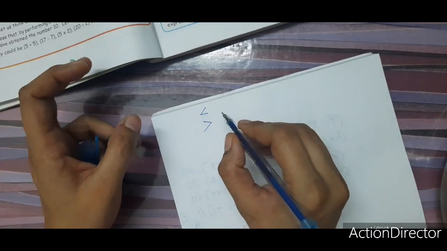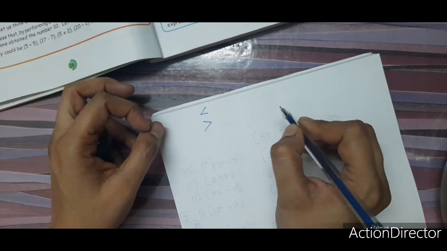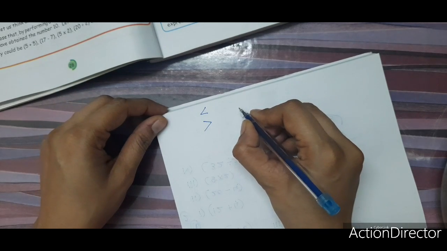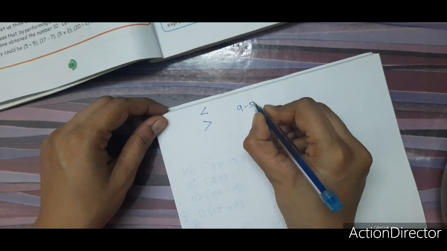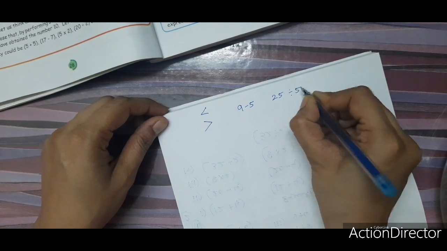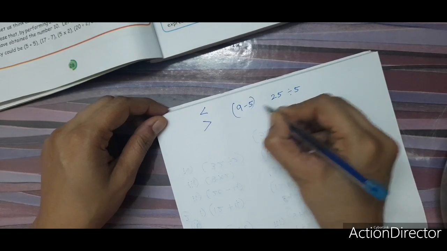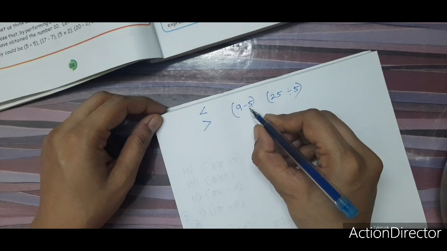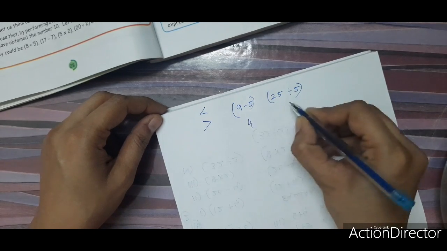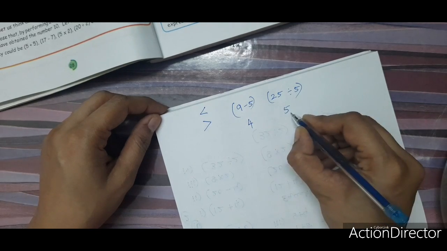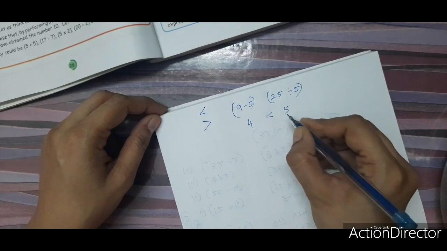So மொத்தமாக ஒரு நம்பர் less than ஆக இருக்கணும், இல்லைனா greater than-ஆக இருக்கணும், right? So இப்போ for example I am taking 9 minus 5, then 25 divided by 5. Right, 2 pairs. Okay, so what is 9 minus 5? 9 minus 5 is 4. 25 divided by 5 is 5. Here 4, here 5.